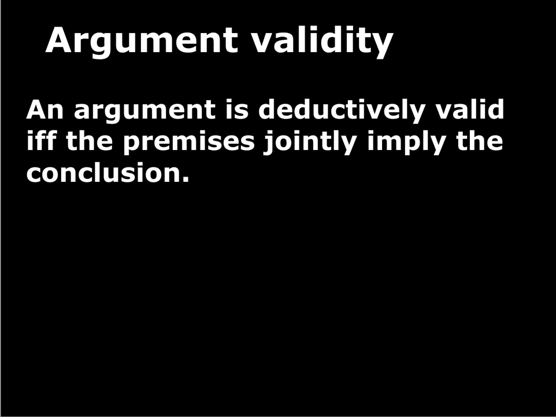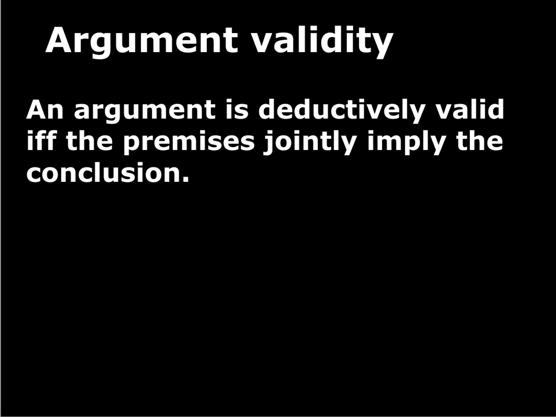Why? Because an argument will be deductively valid, here's a definition, or a way of assessing it, if and only if the premises jointly imply the conclusion. Now, I'll talk about that in a minute, because remember in Chapter 1, the definition sounded different. It really isn't different. It turns out they're equivalent.